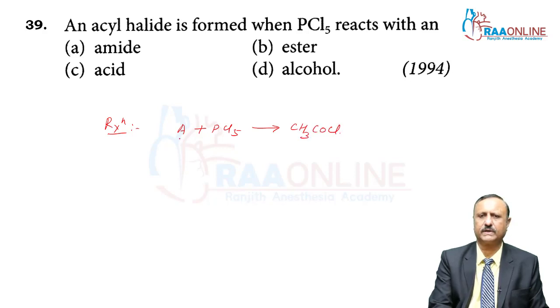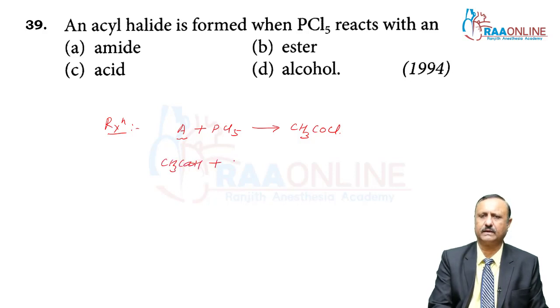Here, my dear students, what is A? A reacts with PCl5 to give an acyl halide. A must be an oxygen containing compound, which easily reacts with PCl5 to give CH3COCl. So it is acetic acid. Why?